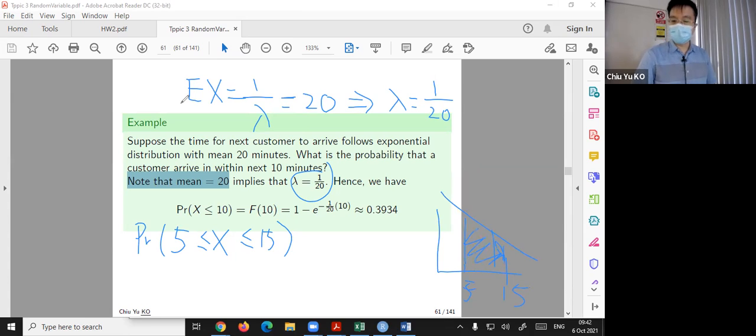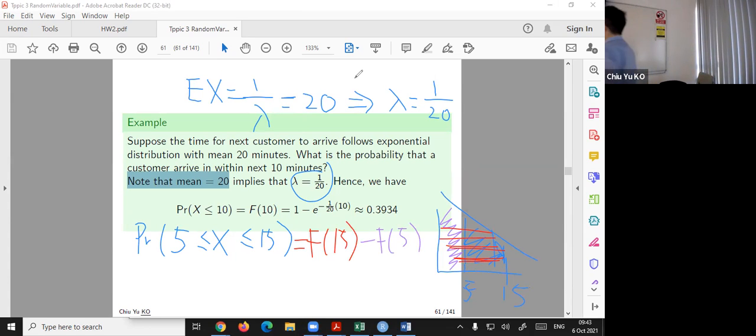Okay, and since we don't know calculus, we rely on the following, right? It is just F of 15 minus F of 5. Okay, why? F of 5 is this guy. F of 15 will be just this guy. Okay, so high school math, red minus purple gives you blue.